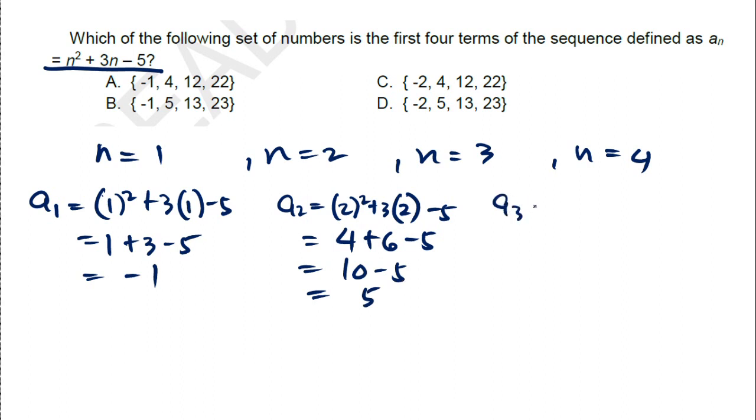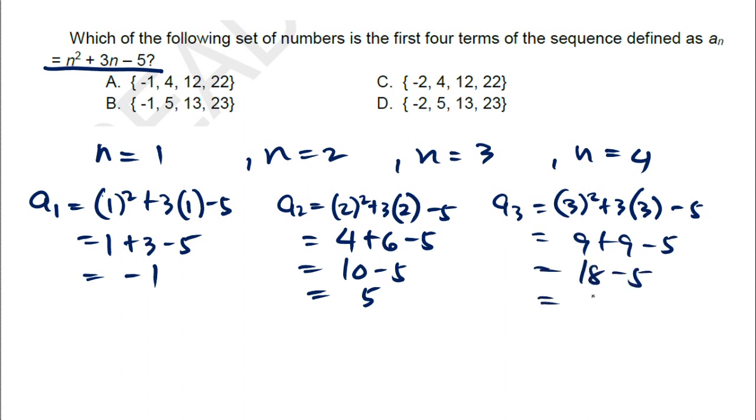Let's have a sub 3. 3 squared plus 3 times 3 minus 5 equals 9 plus 9 minus 5 equals 18 minus 5. The answer is 13. Now let's have a sub 4, or the fourth term.